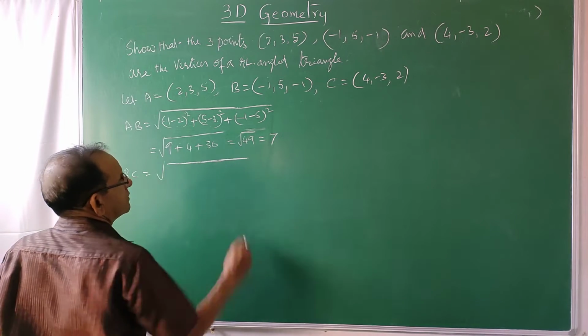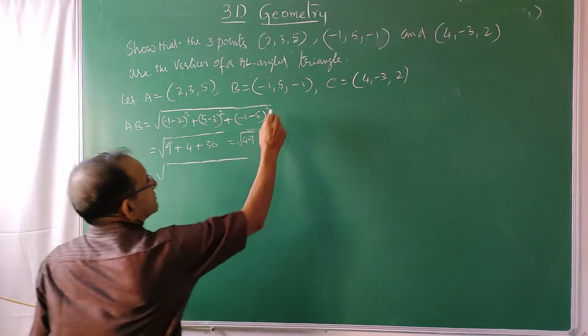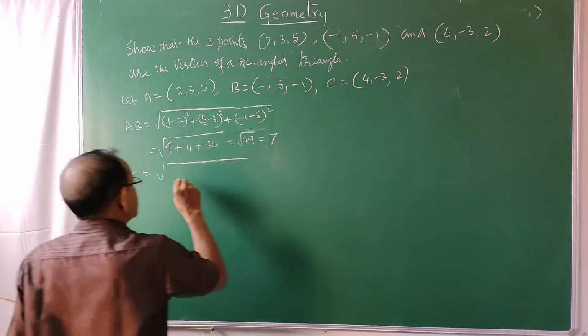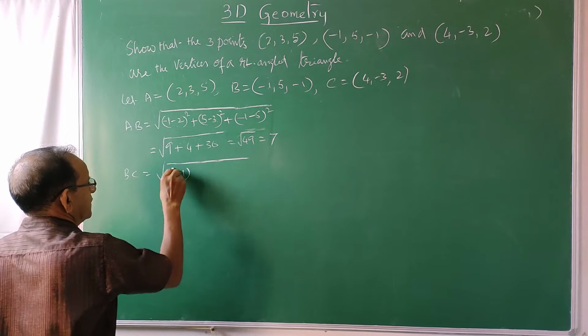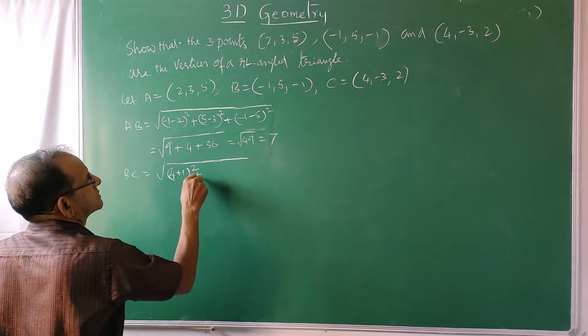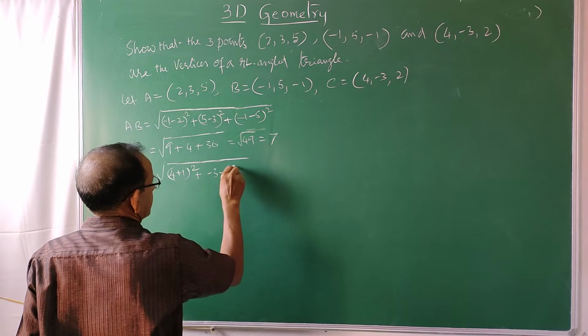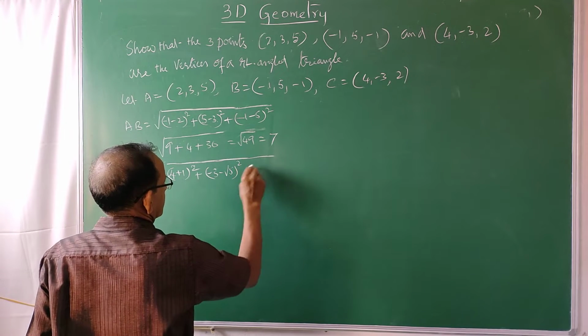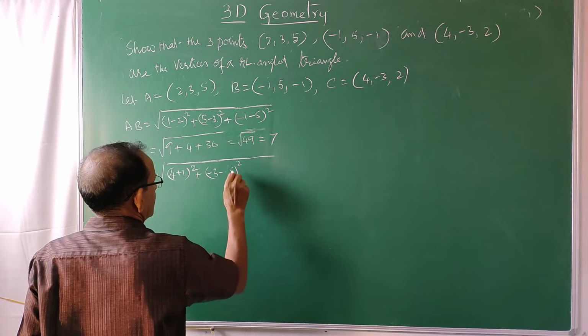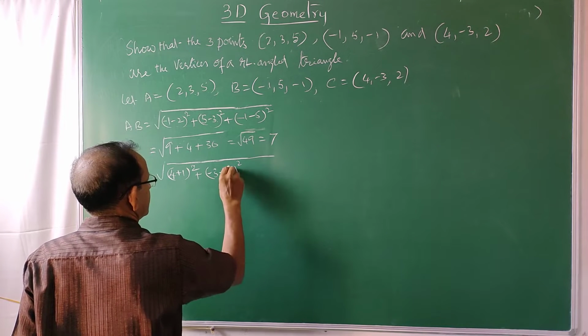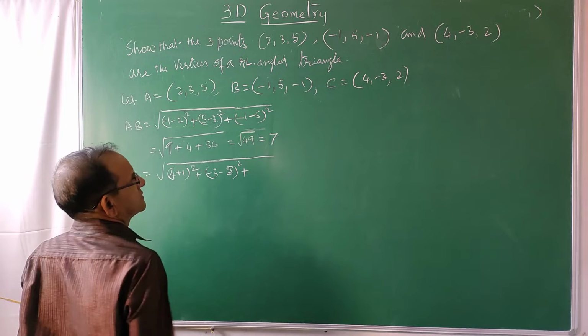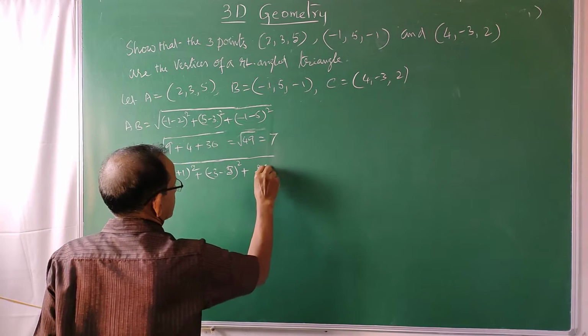Again same formula, x2 minus x1 whole square, distance between these two, 4 minus -1, 4 plus 1 whole square plus -3 minus 5 whole square plus 2 plus 1 whole square.